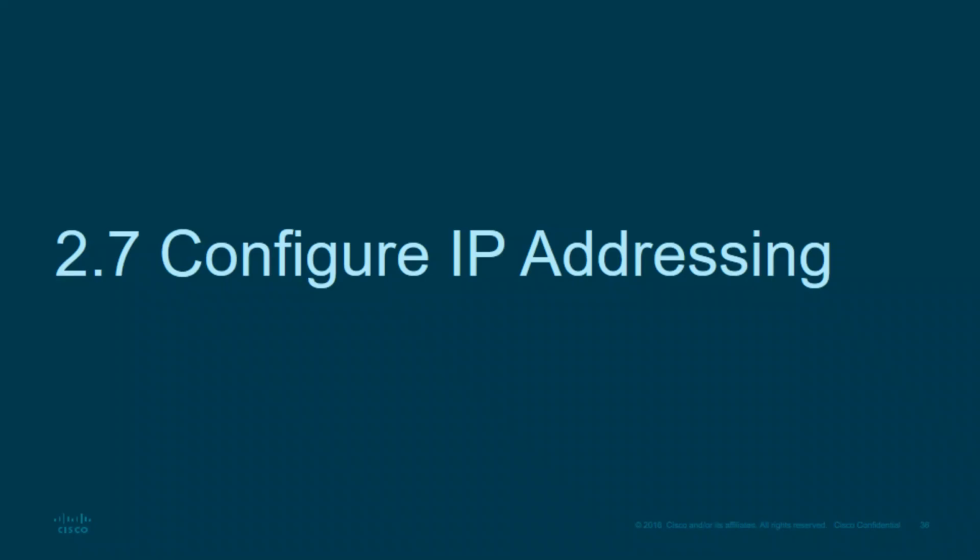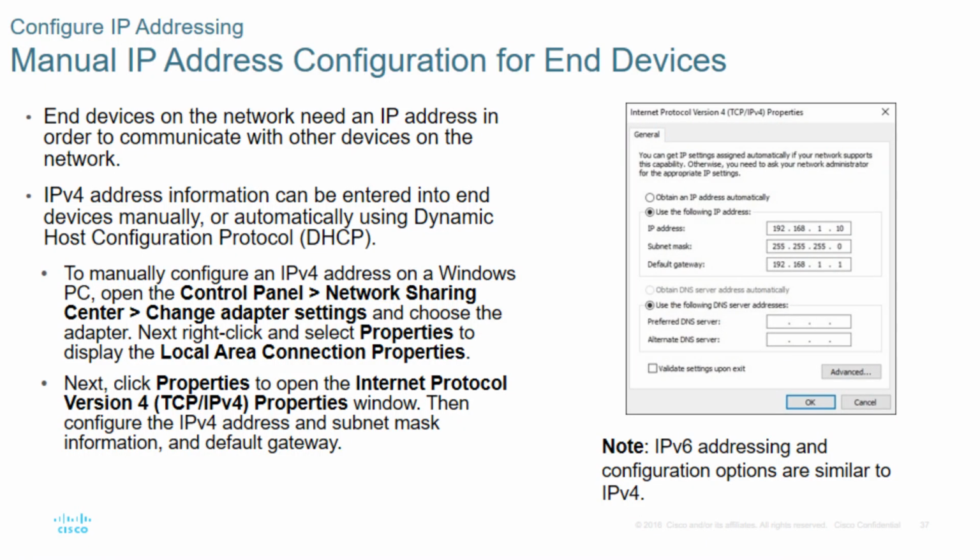Now our final objective is to configure IP addressing. Much like you need your friend's telephone number to text or call them, end devices on your network need an IP address so that they can communicate with each other and with other devices on your network, right?